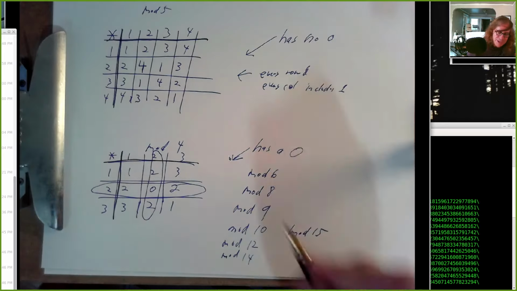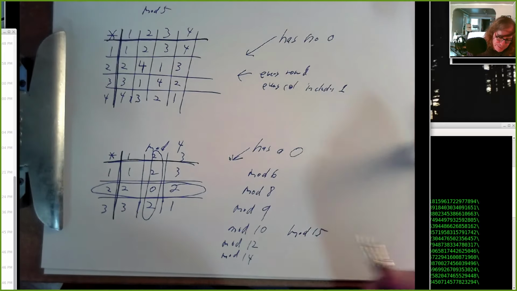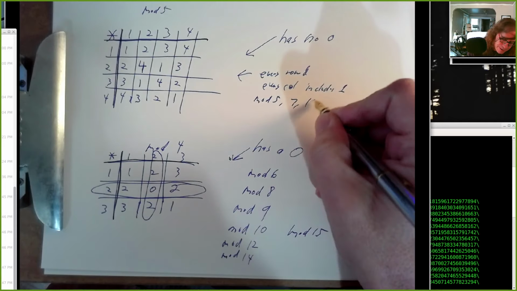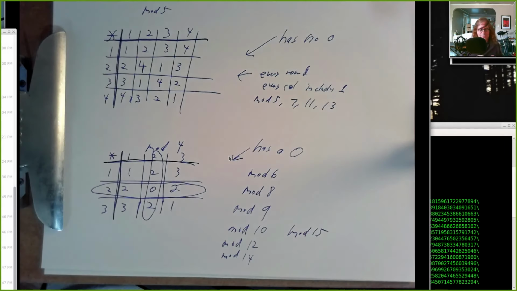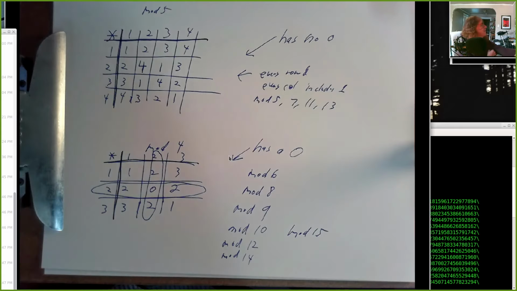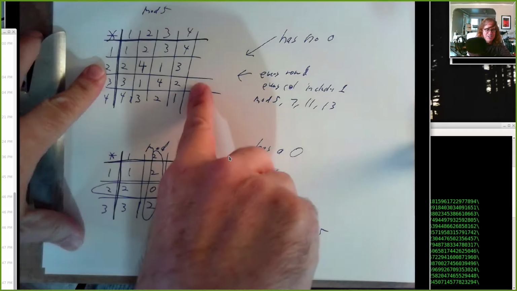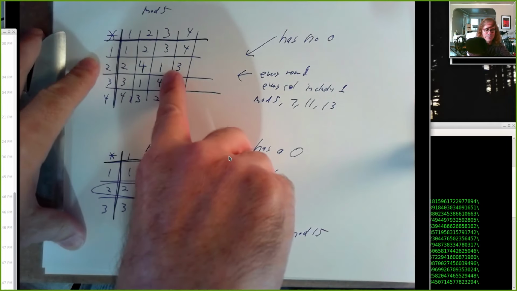And the things that won't have a 0, and every row will include a 1, will include mod 5, 7, 11, and 13. And so this has to do with prime numbers, exactly. So modulo a prime number, we will not see any zeros in this table, and every table will contain a 1.